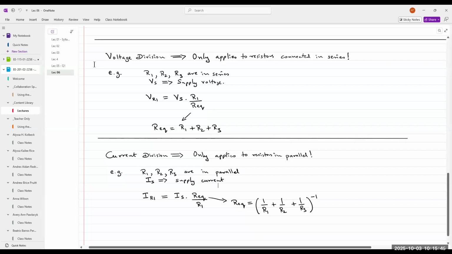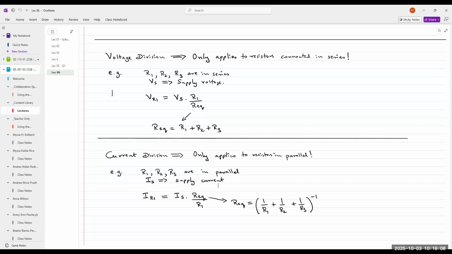So we stopped here last lecture, and we went through voltage division and current division. Voltage division applies only to resistors in series because the current remains the same. And current division applies to resistors in parallel because, of course, the voltage remains the same. So these two techniques are simply shortcuts.